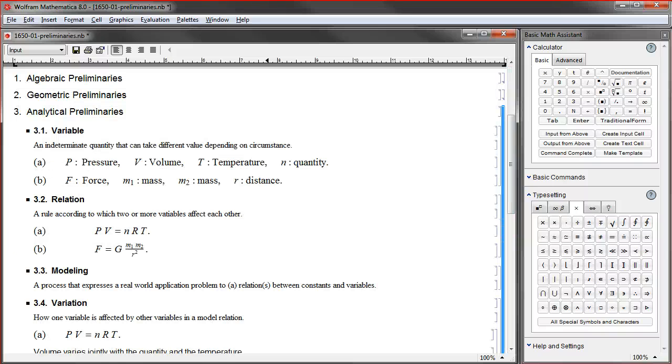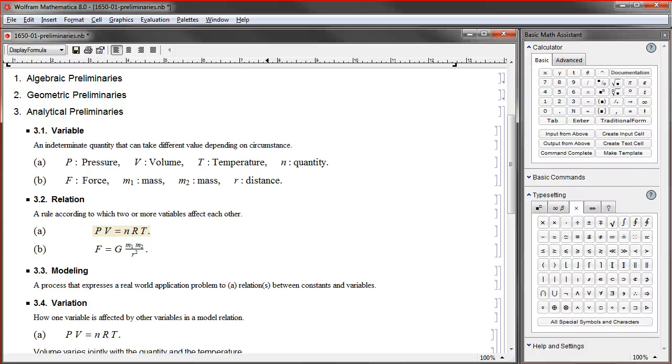Let's quickly move on to analytical preliminaries, where we have to discuss variation. We can have a variety of variables, and those are characters, and those characters can be interrelated. How the change of one character is affected by another character or other characters in plural is called variation. For example, here's an equation PV equals nRT, which appears in chemistry.